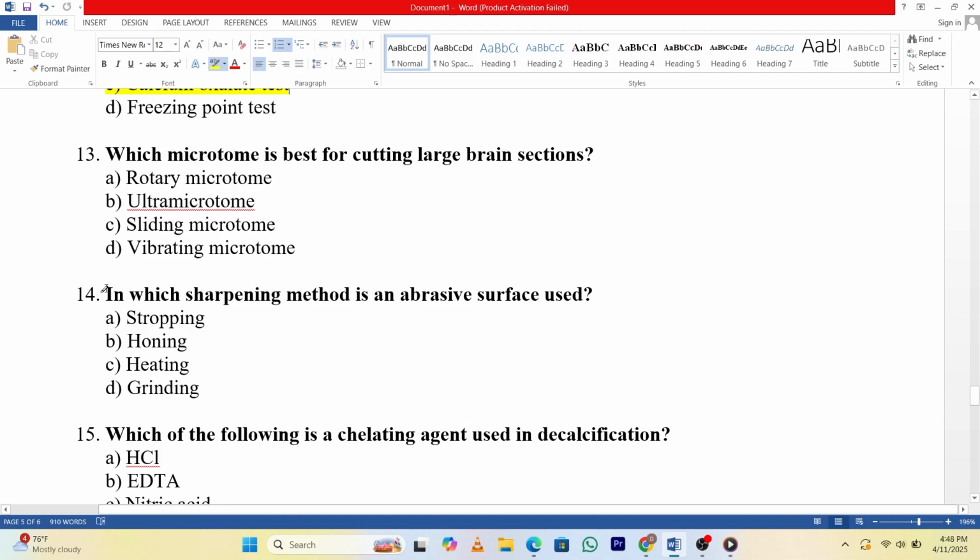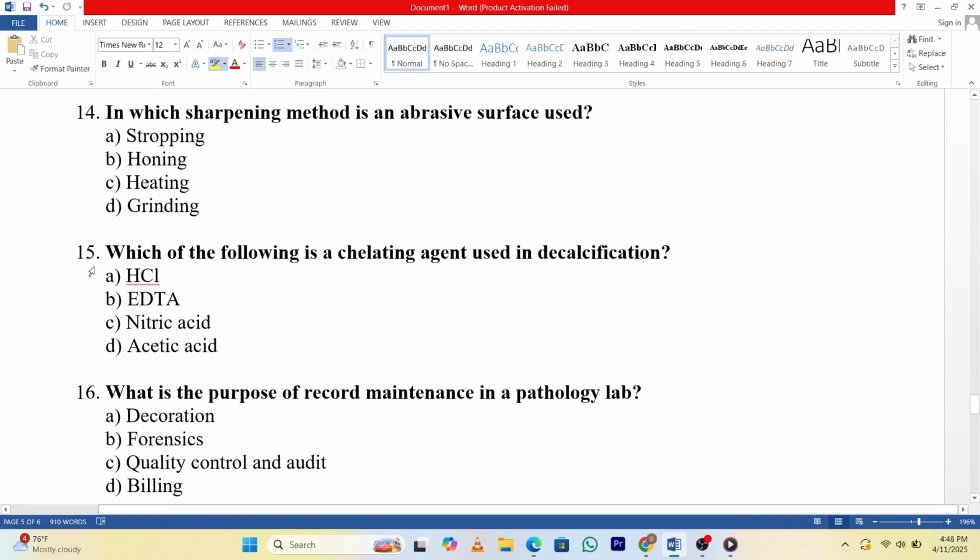C. Sliding microtome. D. Vibrating microtome. Answer, C. 14. In which sharpening method is an abrasive surface used? A. Stropping. B. Honing. C. Heating. D. Grinding. Answer, B.